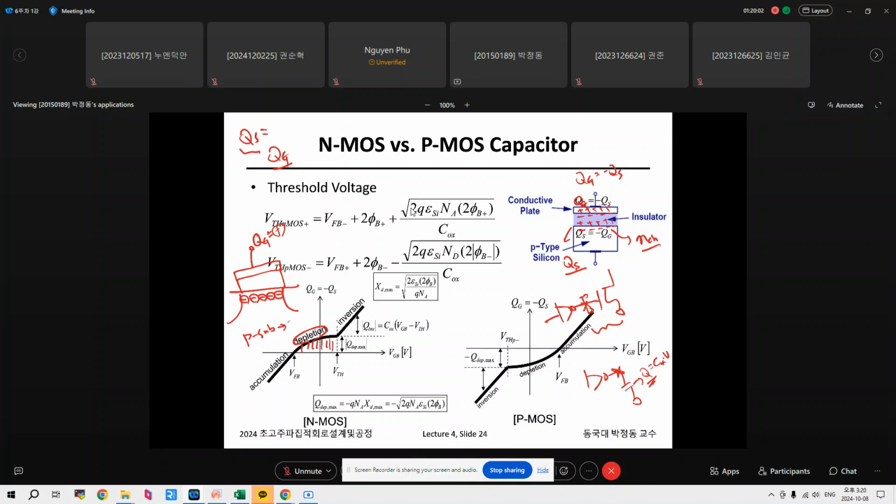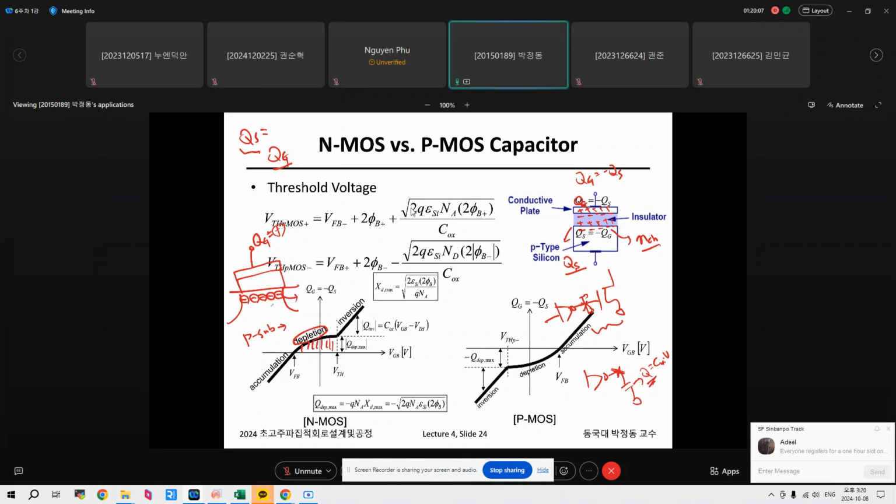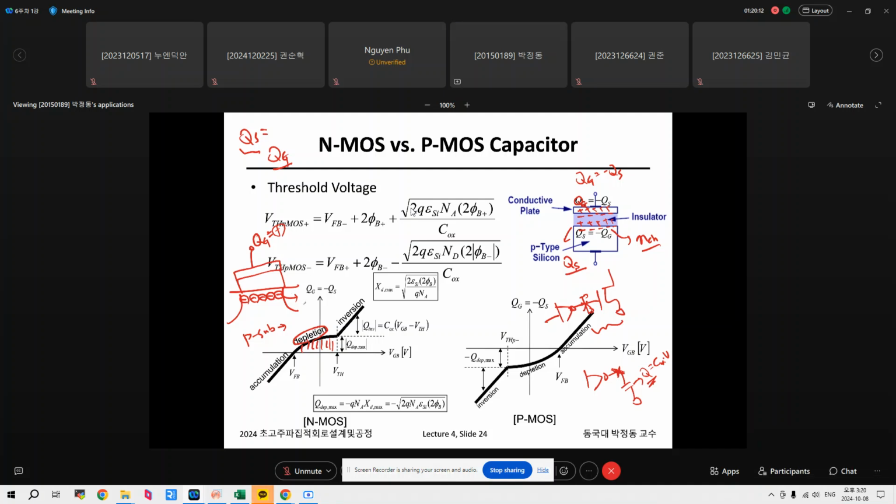Inversion is the same. When it is inverted, the charge density around the surface is negative, which means the gate charge is positive, right? It's something like this, because Q is a function of the square root of 2q epsilon silicon and 2 phi b, and Na, right?